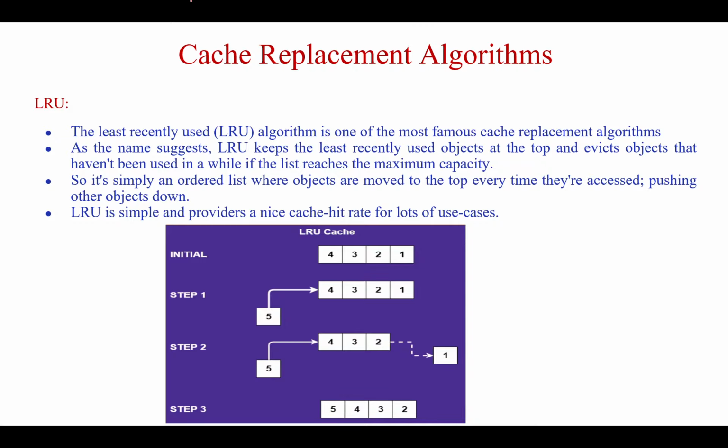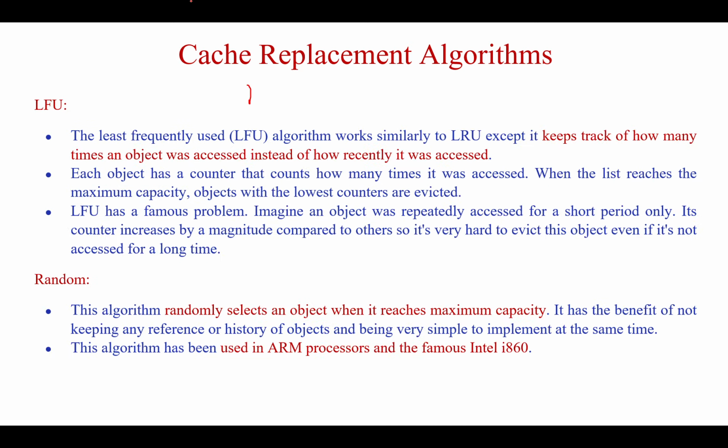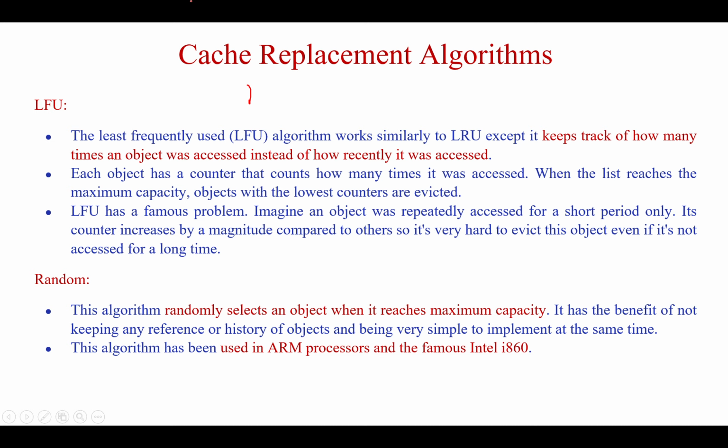In that scenario, among all these, the one having the least count, that is 1, used only one time, we'll replace with the new one. Finally, the random algorithm randomly replaces an entry, without regard to use. So, thank you.